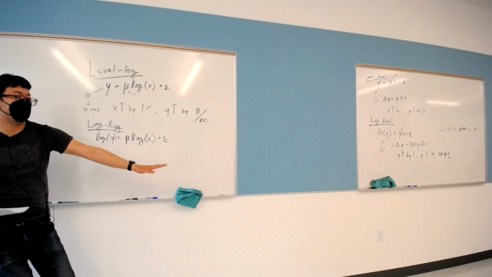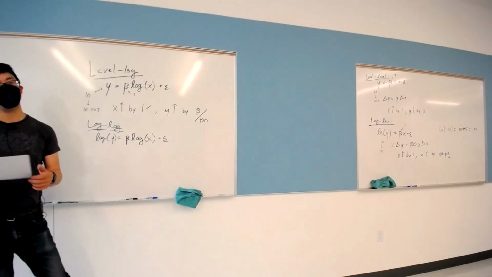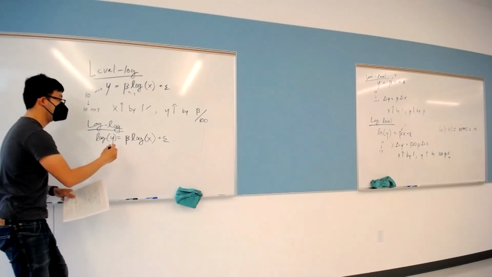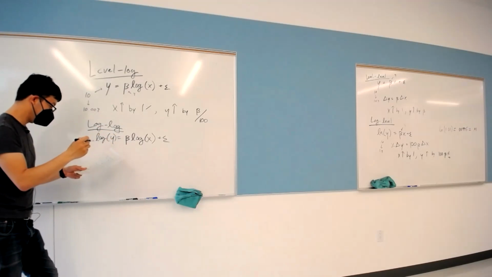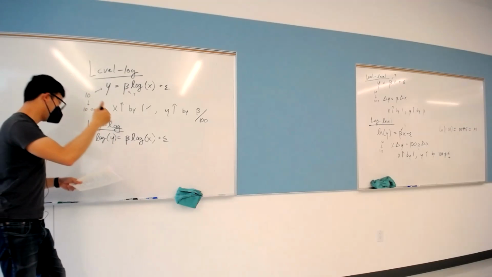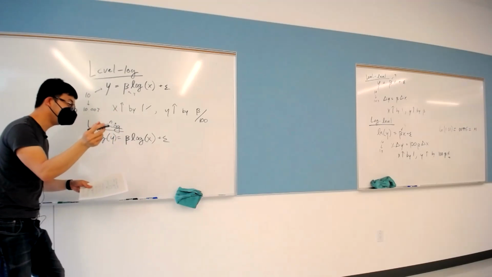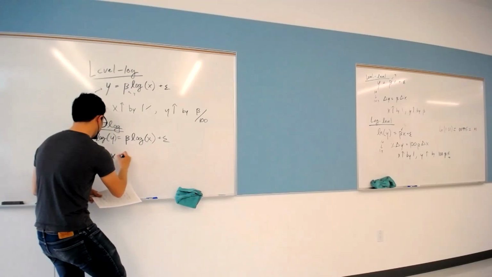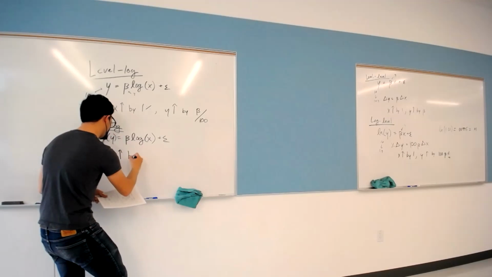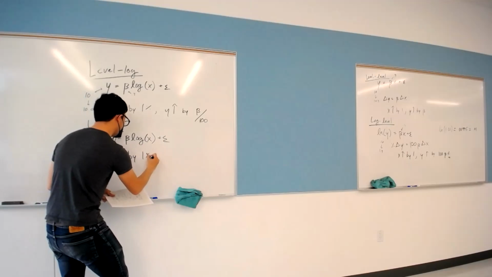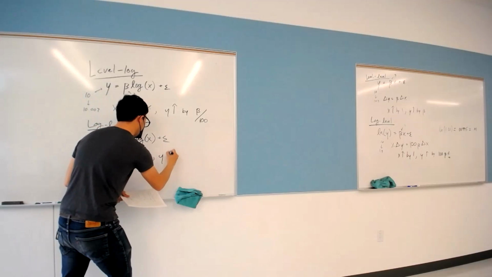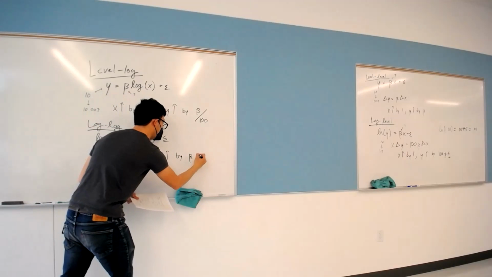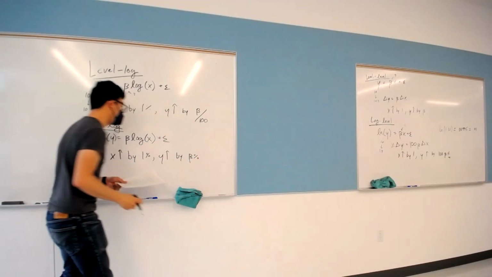Come on, I've laid it out for you. I want to say that X is going to go up by 1% and Y is going to go up by beta. Almost. X goes up by 1%. Y goes up by beta %.